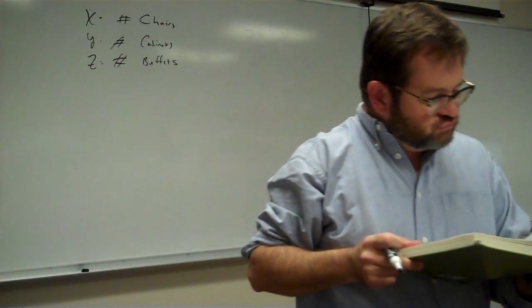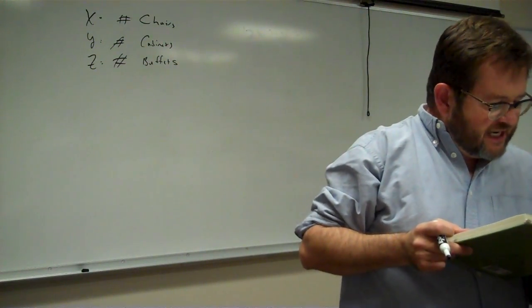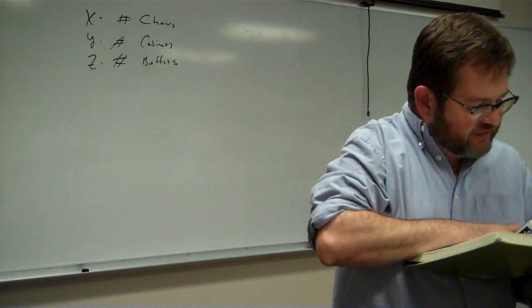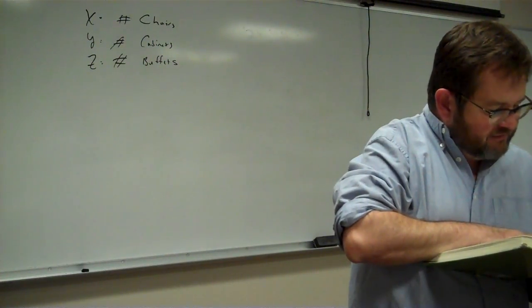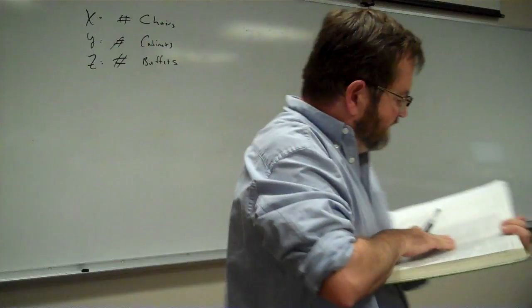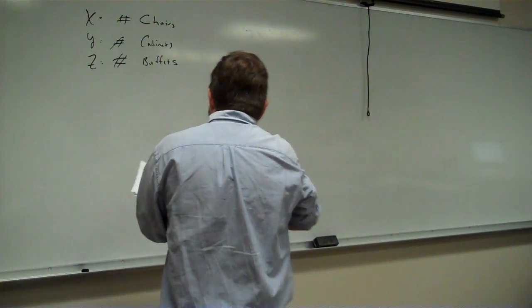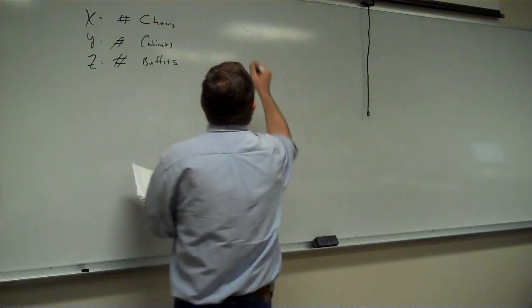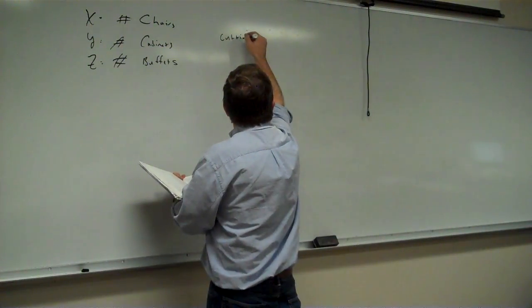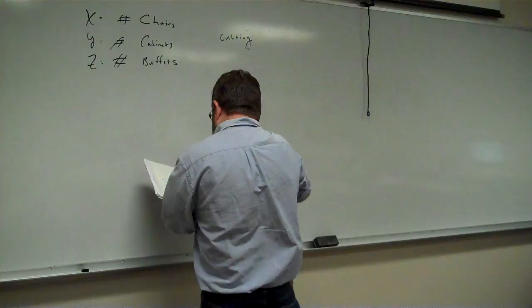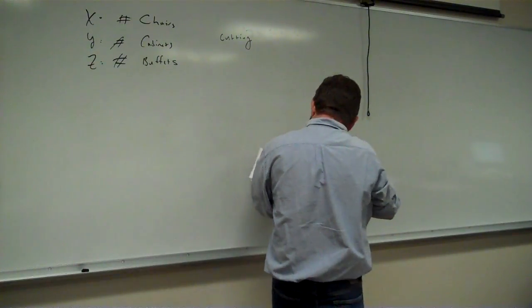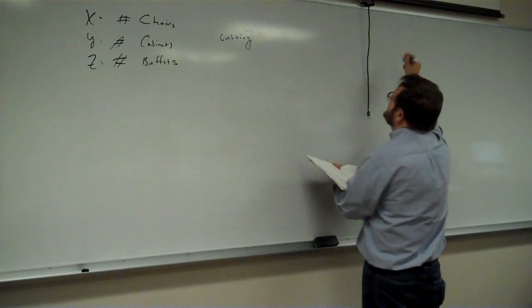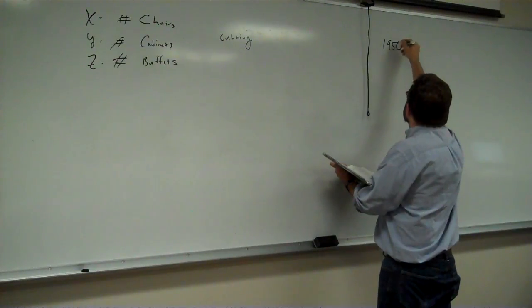All right. So, we know it's going to take a certain number of hours of cutting, a certain number of hours of assembly, and a certain number of hours of finishing for each of these things. Let's do cutting first. We know that we have a certain number of machine hours, 1,950 of them.